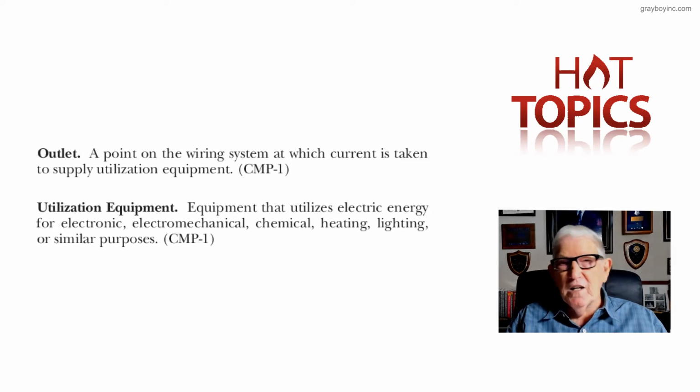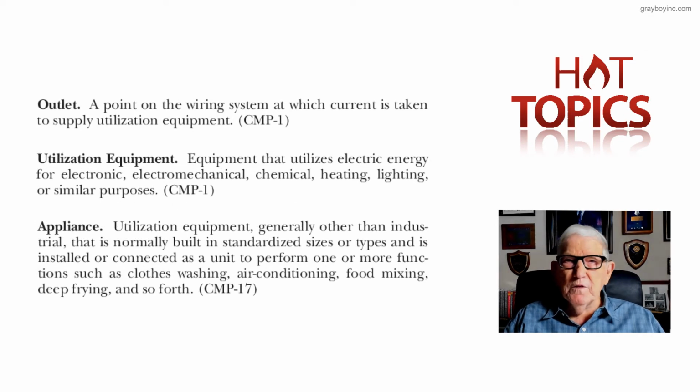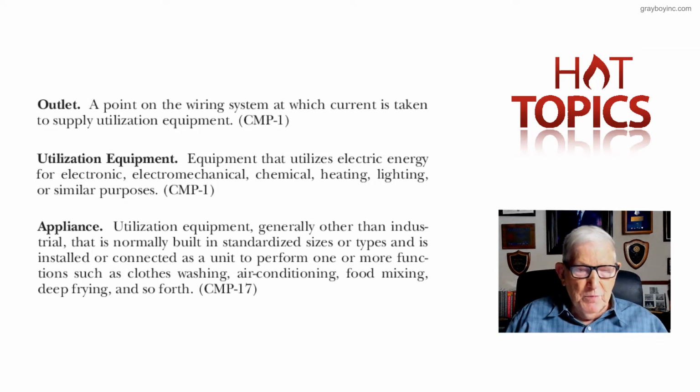Now, the next definition, let's read the definition of appliance on page 32. So let's just back up to page 32 in your code book. We want to review the definition of an appliance on page 32, left-hand side of the page at the very bottom.